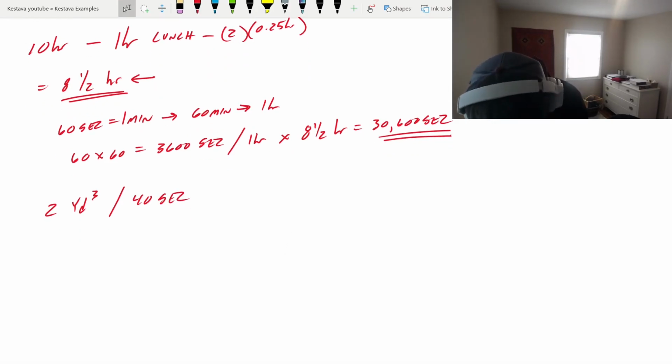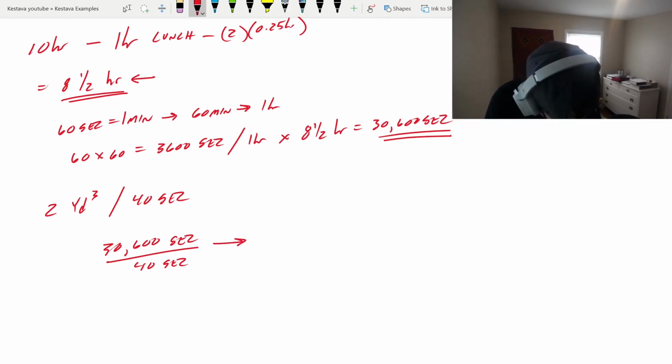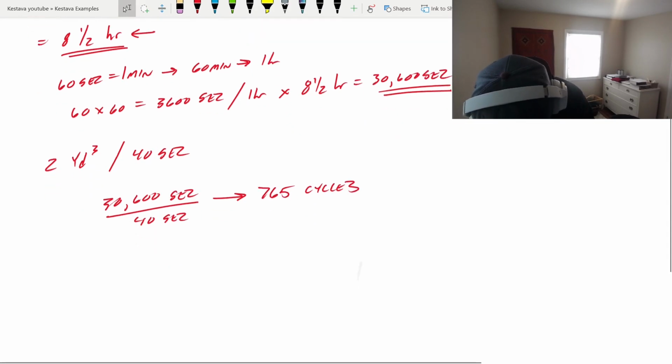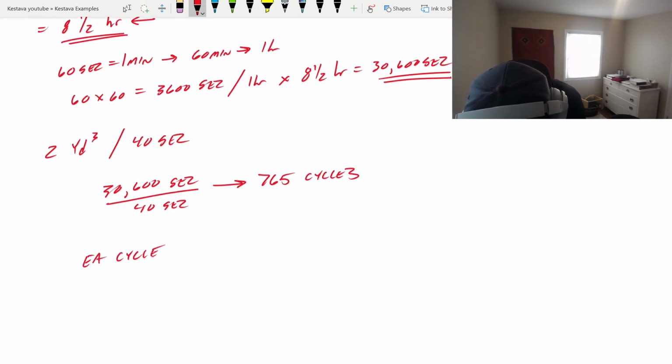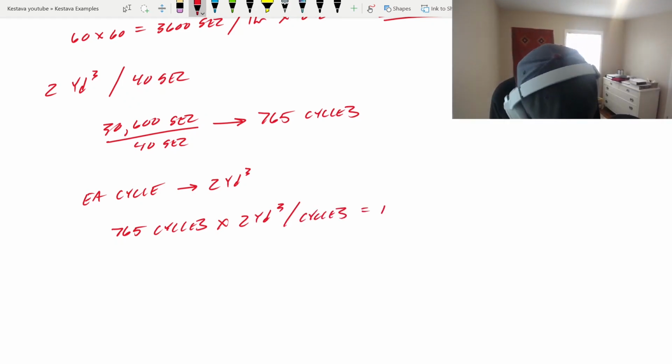From here, it's easy. We take our 30,600 seconds and divide that by 40, because that's every cycle. That gives us 765 cycles. We know that each cycle produces 2 cubic yards, so we do 765 cycles times 2 cubic yards per cycle, which gives us 1,530 cubic yards.